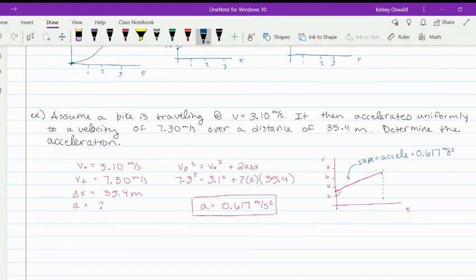If we found the area of this graph, we know the area is equal to displacement, and we know this object traveled 35.4 meters. So the area of this graph would then be 35.4 meters. Perfect. So again, just like our last problem, write out what variables you know first, and then see what equation has those variables and what you're trying to solve for.